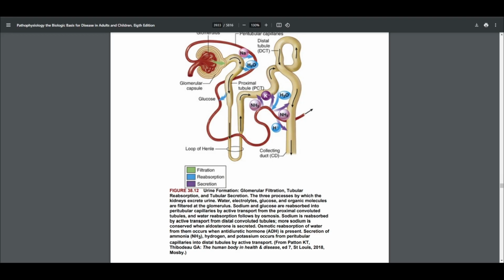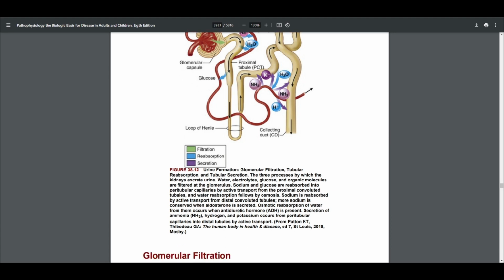Sodium is reabsorbed by active transport from distal convoluted tubules. More sodium is conserved when aldosterone is secreted. Osmotic reabsorption of water from them occurs when antidiuretic hormone is present. Secretion of ammonia, your NH3, hydrogen, and potassium occurs from peritubular capillaries into distal tubules by active transport.